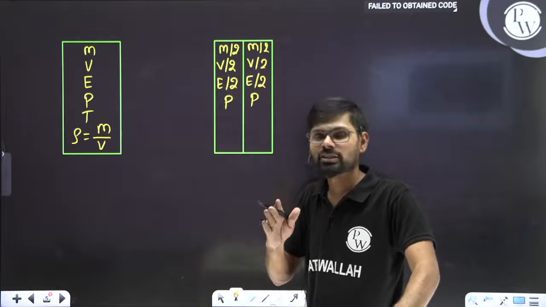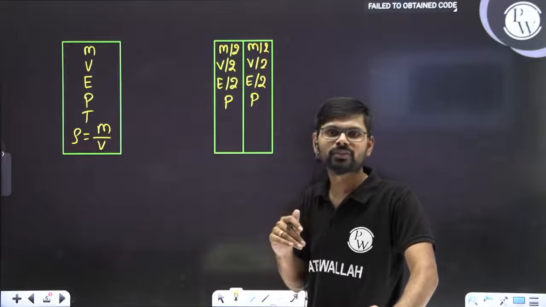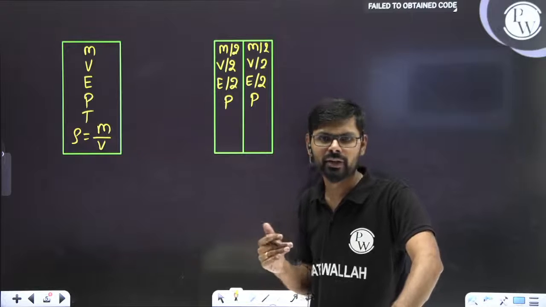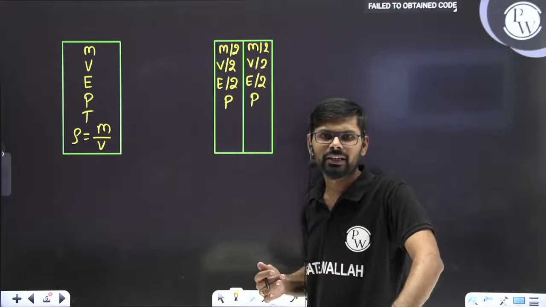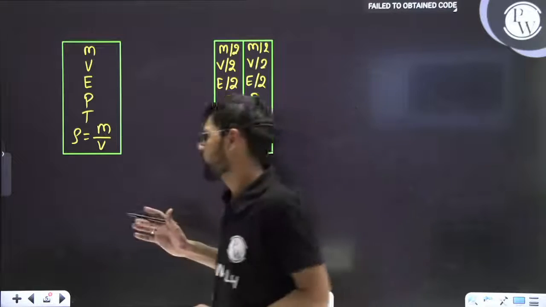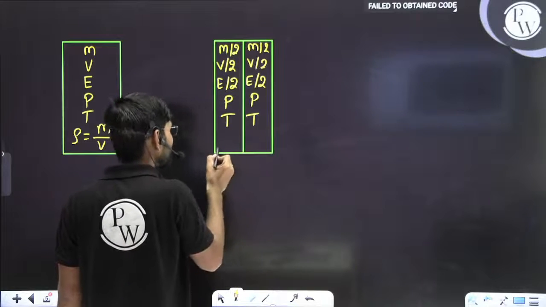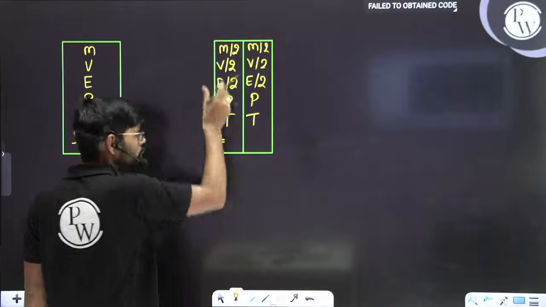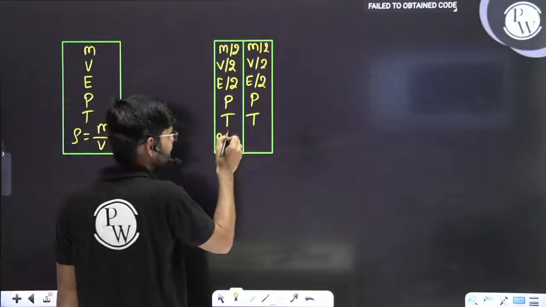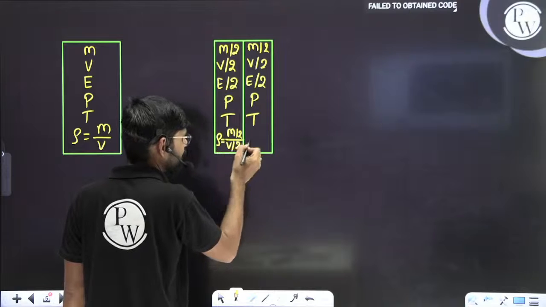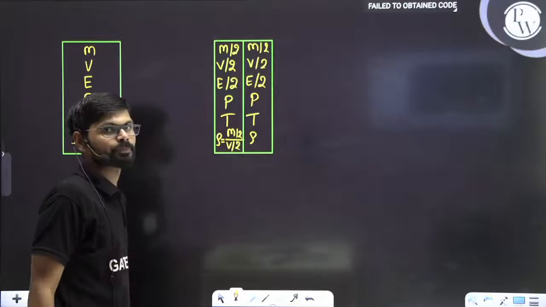But pressure will not change. Let's say in your room atmospheric pressure is there. If you create one wall, both sides will have atmospheric pressure. Let's say temperature is 40 degrees centigrade. Both sides will have 40 degrees only, so temperature is also the same. But what about the density? On this side, mass is m by 2 and volume is v by 2, so basically it is m by v only. It is not changing.